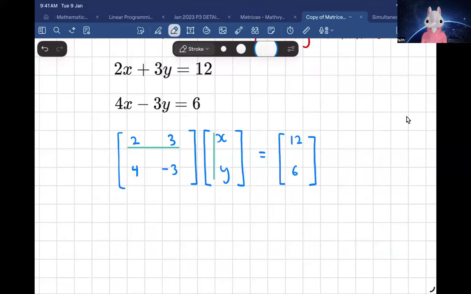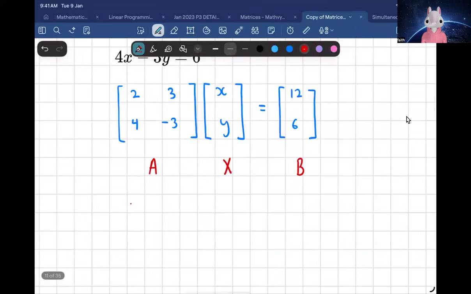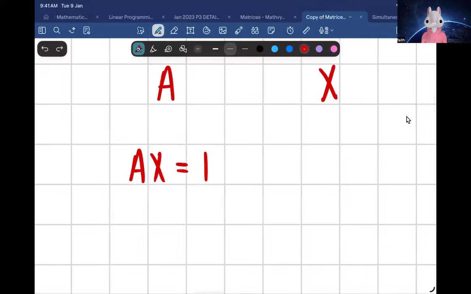I can see that. All right. So you would call this matrix A, you would call this matrix X, and you would call this matrix B. So we have AX is equal to B. What do I want to find over here?